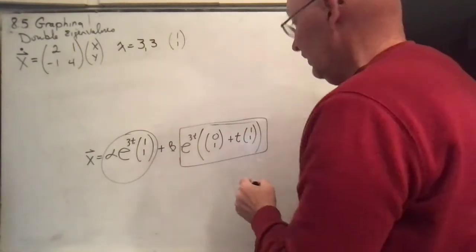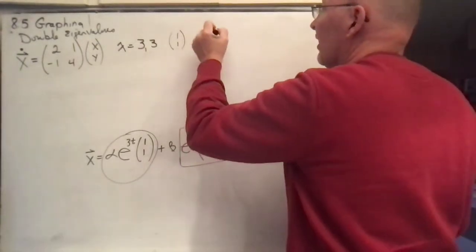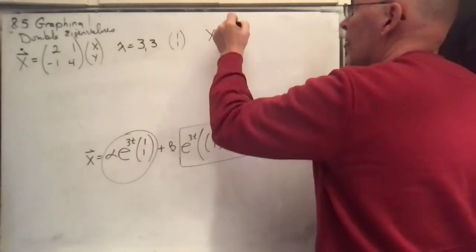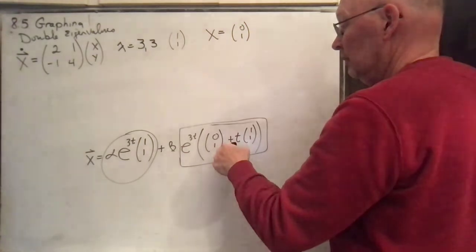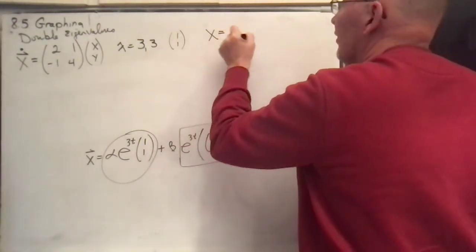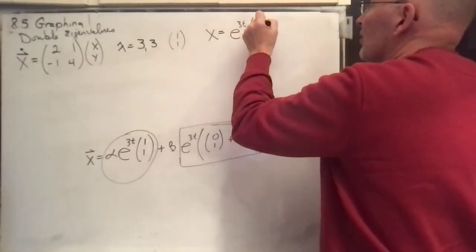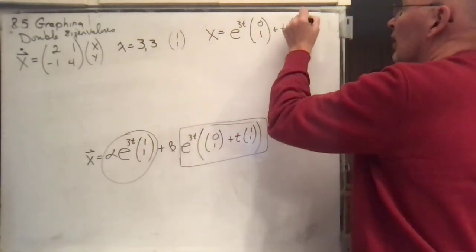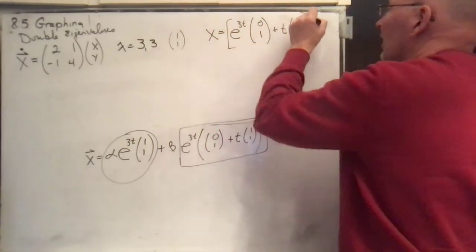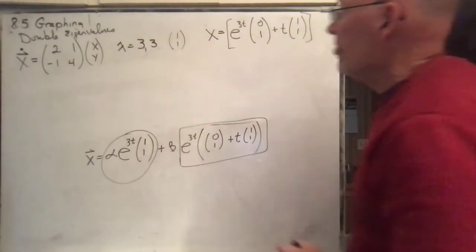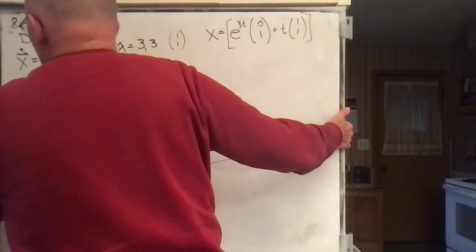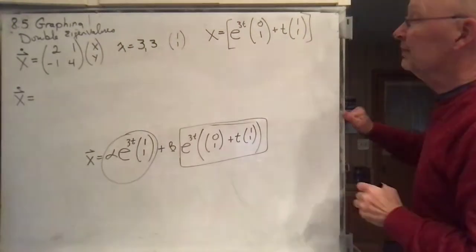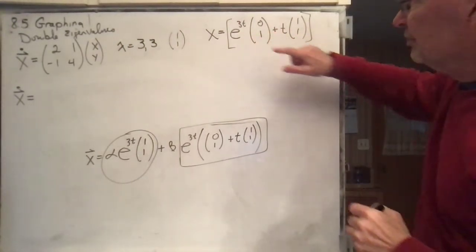Let's just let my x be equal to e to the 3t times 0, 1 plus t times 1, 1. There's my x. So if that's my x, what's x prime, the derivative?